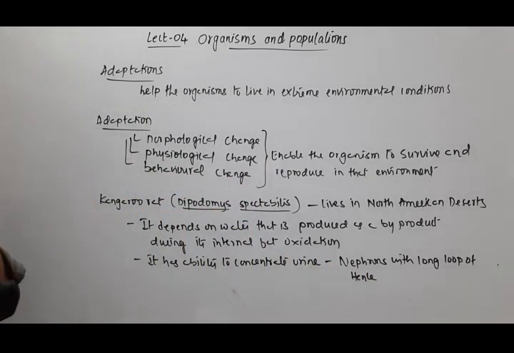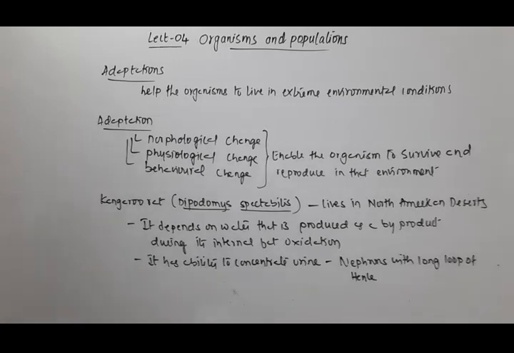So this kangaroo rat is able to concentrate urine, which means it is going to eliminate more solutes than water, right? So that's what I say: ability to concentrate urine because of having a very long loop of Henle.